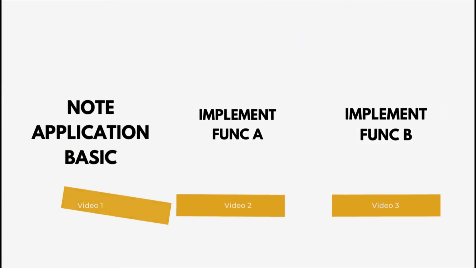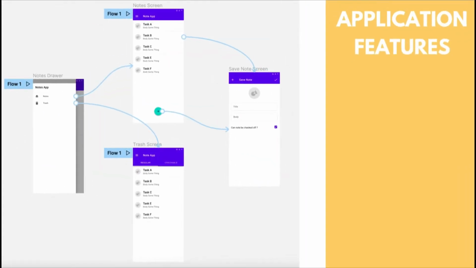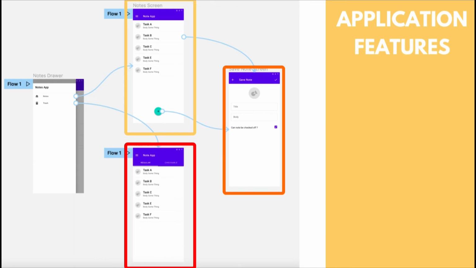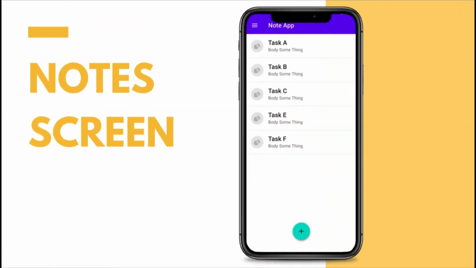Before we write our first lines of code, let's take time to understand the concept and some of the functionality we will be doing. Don't worry too much about not understanding each screen in detail. You'll have a better chance of understanding them as you implement each screen. As you can see, the Note app will contain four main components: Notes screen, Save Note screen, Trash screen, and Notes drawer. The Notes screen shows the list of notes that are initialized.